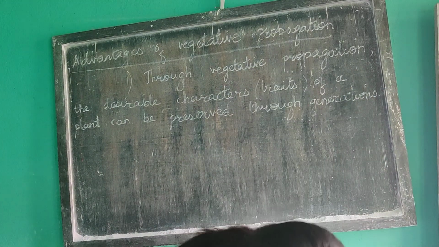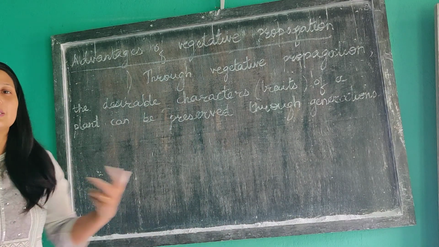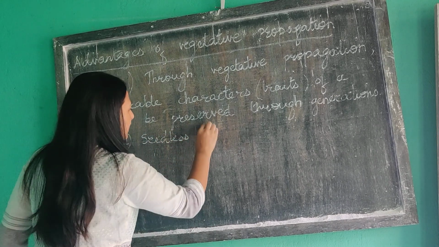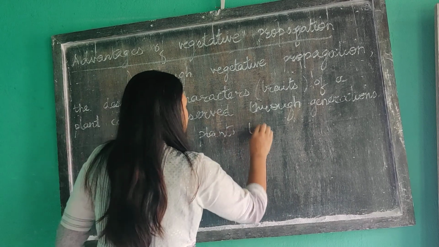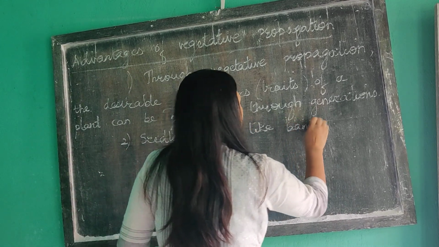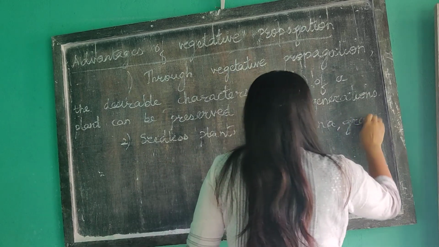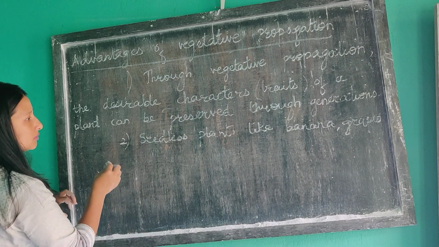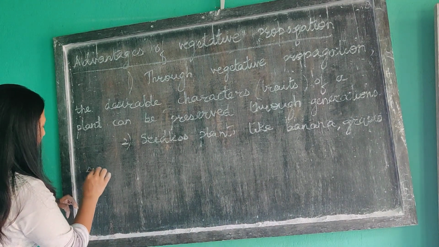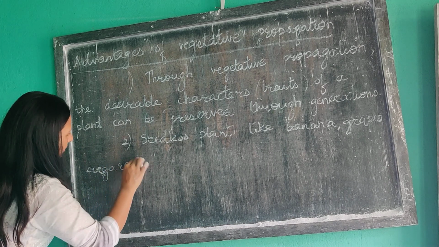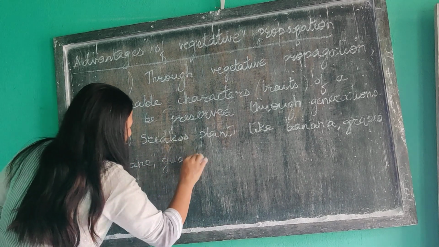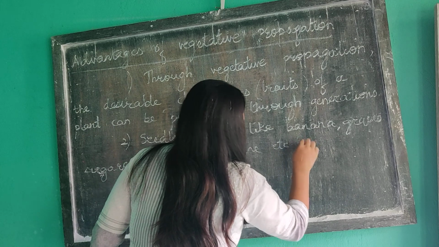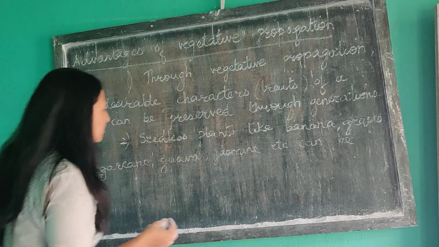Okay, now the second advantage is like we get seedless plants. Okay, seedless भनेको seed नभएको seedless plants like banana, grapes, sugarcane, guava, jasmine, etc. can be produced.